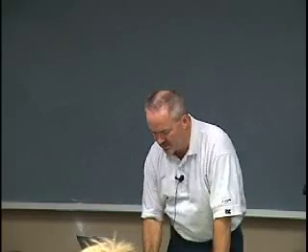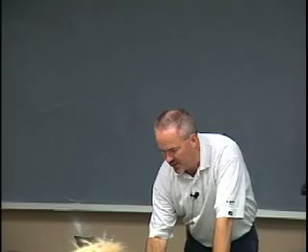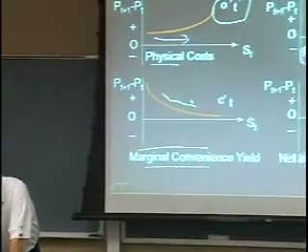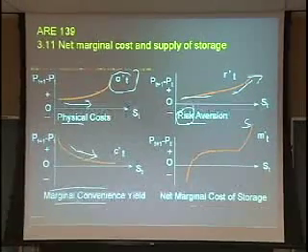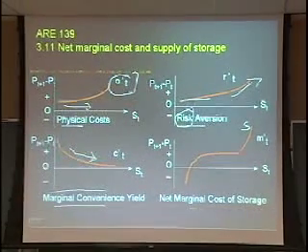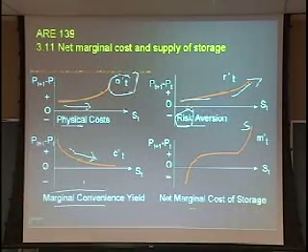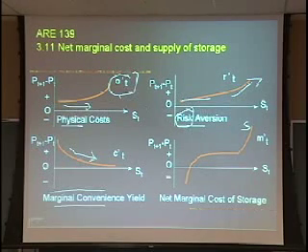If you only need stocks to keep your plant running for a month, because you know even if there is a transportation disruption, you can acquire them, then if you're keeping 2 months' worth of inventory, at the margin, the yield is very, very low for those additional stocks. So as we add stocks, this marginal convenience yield will fall, which means the return associated with holding the inventory actually falls. So now we have the 3 components of the marginal cost.